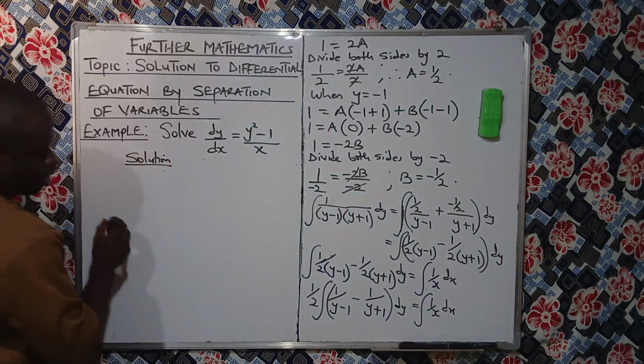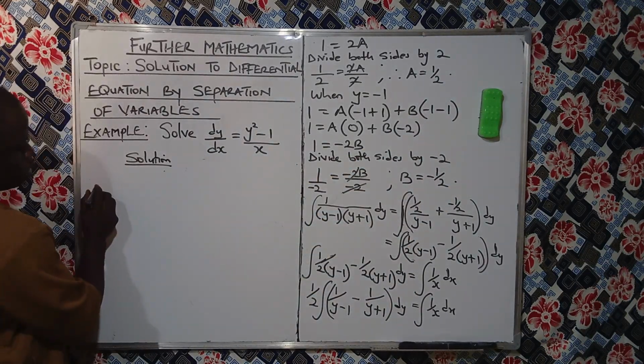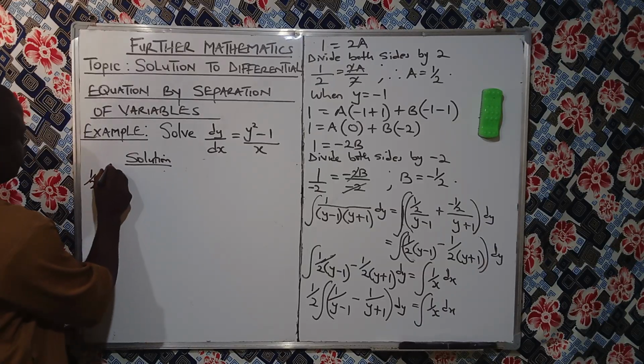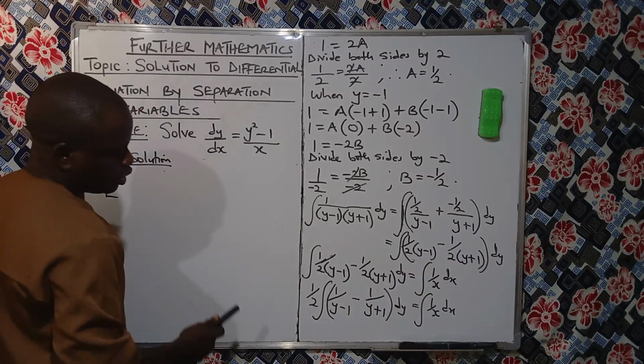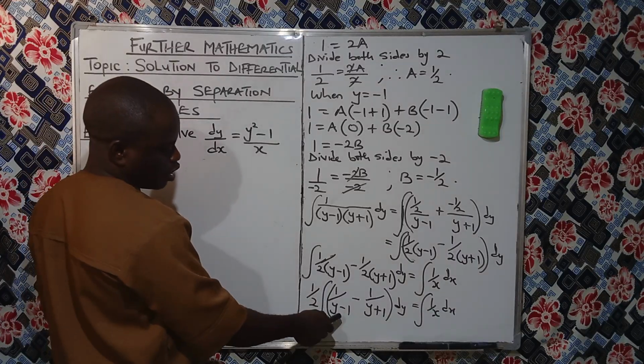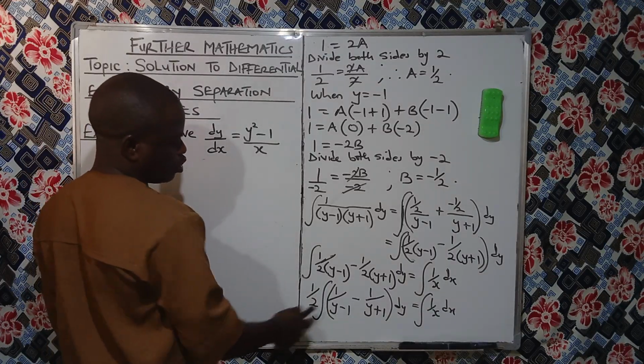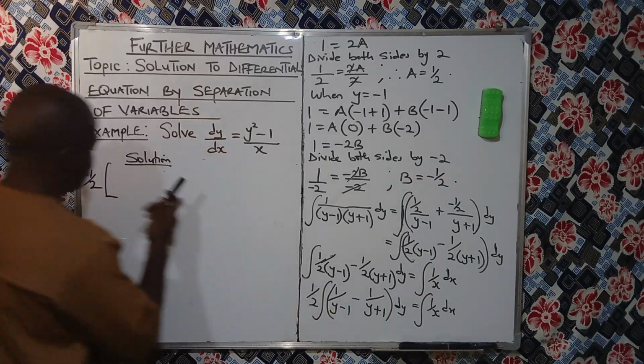Now, you have your expression to be half into the integral of 1 over y minus 1, which is equal to ln y minus 1.